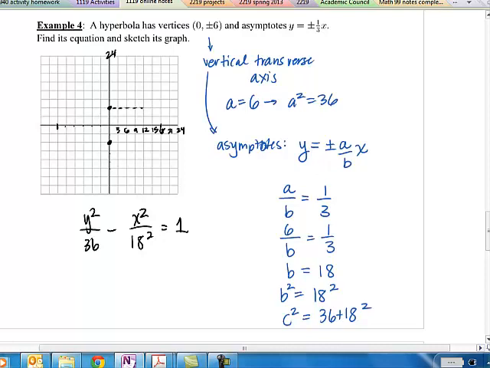So then we'll have something like this for our asymptotes. And then the graph.